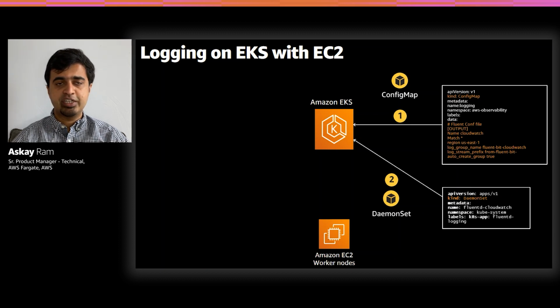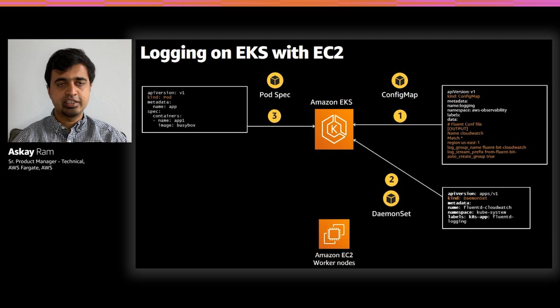The third is the application developer just has a pod spec and they just want logging to work. To them, logging is a fundamental primitive. It's just part of operating an application. They just want it to work. And the pod is scheduled on to EC2 instances that you own and manage. So given this is where customers are coming from, we wanted to again understand the lay of the land and map it through our 3 personas.